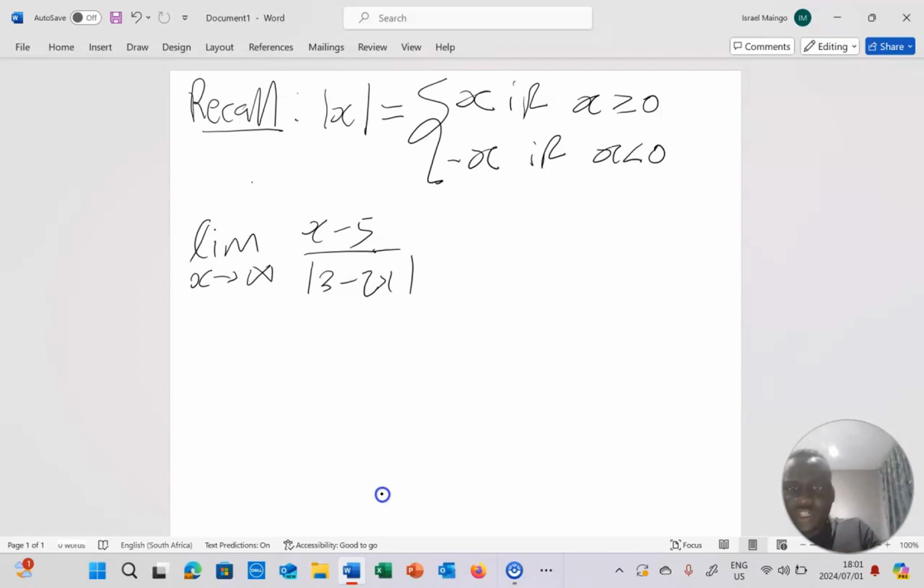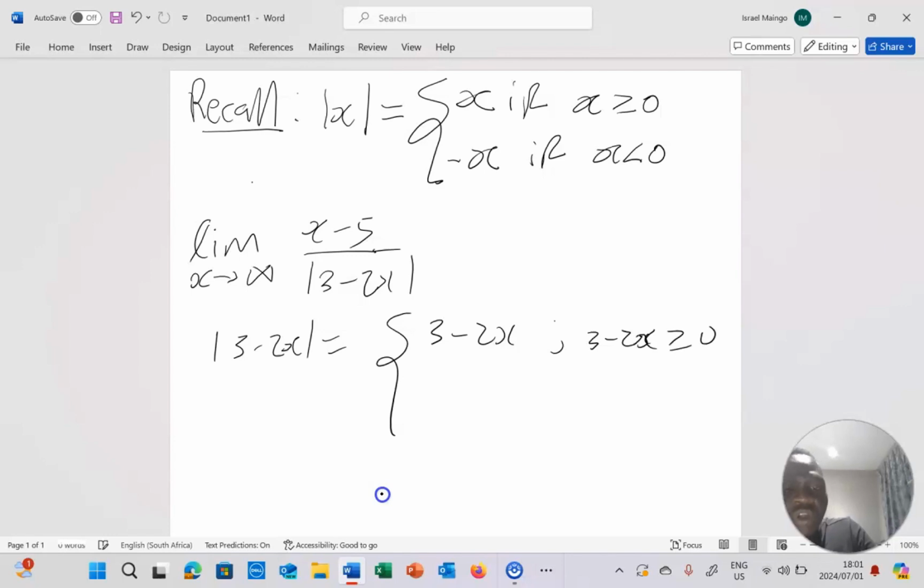We know that the absolute value of 3 minus 2x is given by 3 minus 2x if 3 minus 2x is greater or equal to 0, and it will be negative (3 minus 2x) if 3 minus 2x is less than 0.